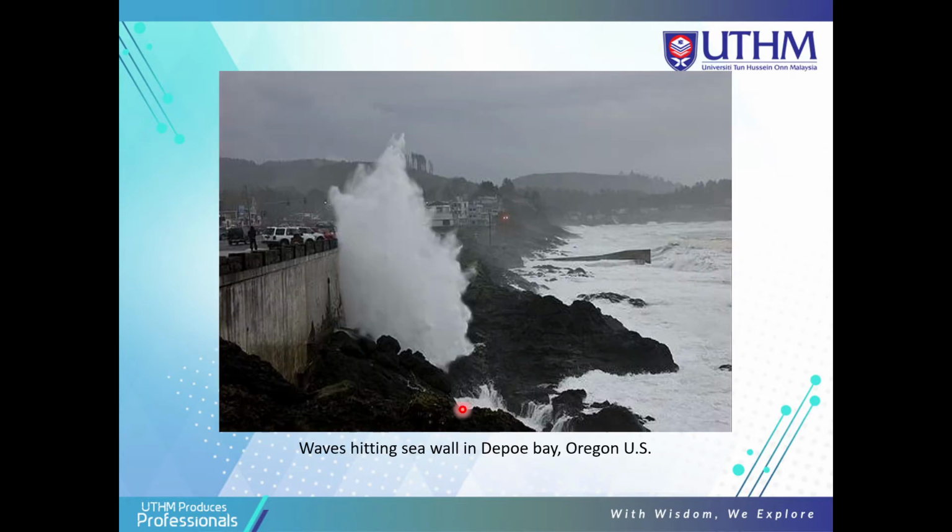This is a wave hitting a seawall in the US. In real cases in the sea, this is the retaining wall. When the wave hits the seawall, we get a hydraulic jump from supercritical to subcritical.